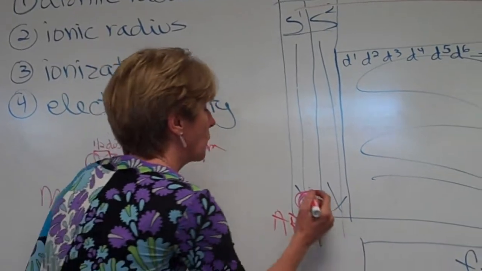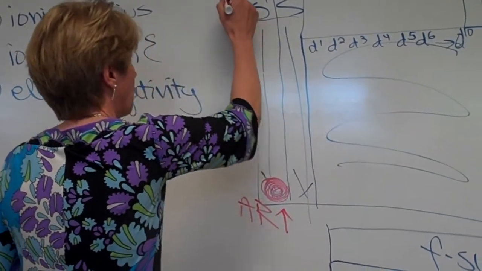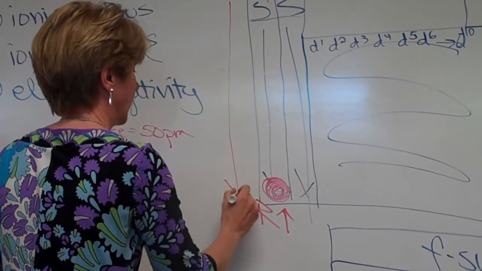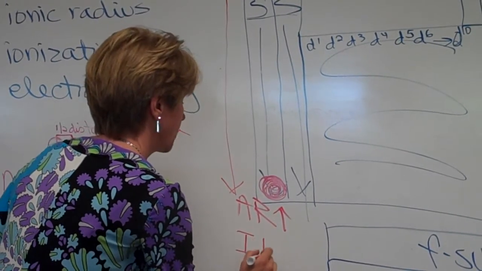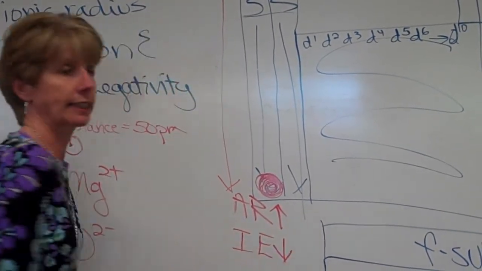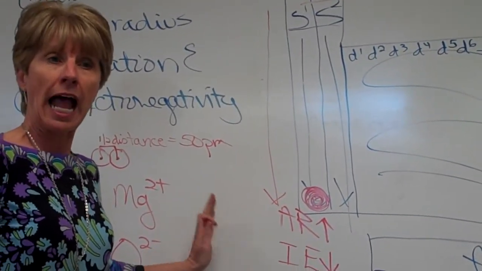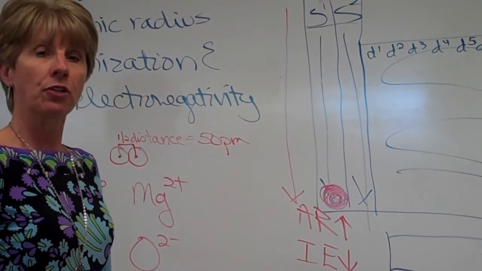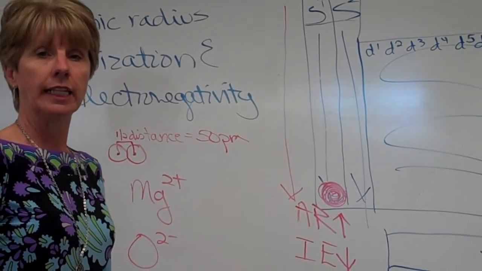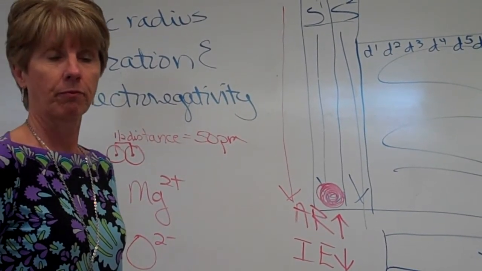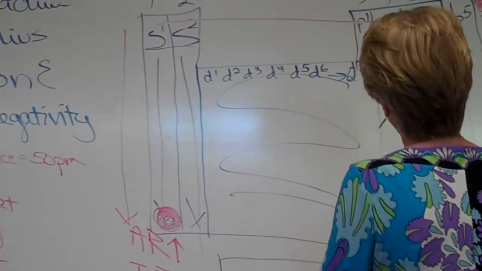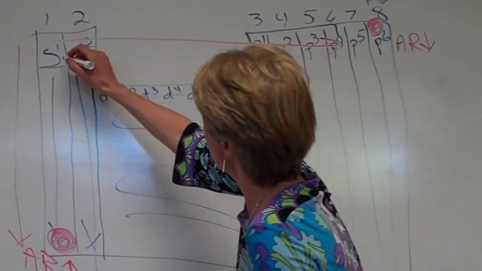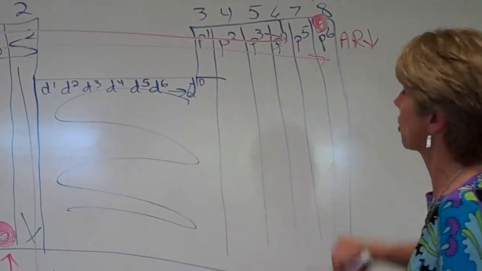Ready? So here is the trend. When you go down a family, ionization energy decreases. The bigger the atom, the lower the ionization energy. So that should give you a prediction right here. What's going to happen to ionization energy when you go across a period?